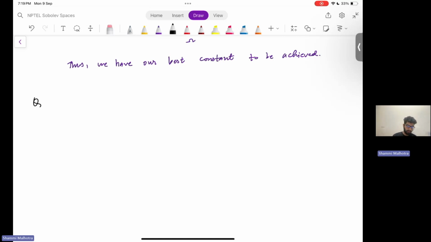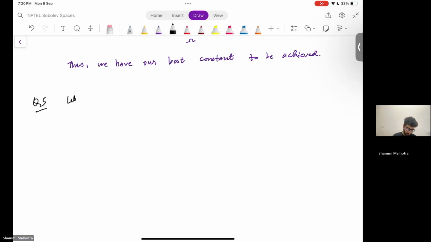So to deal with that, we have this newer version of the inequality which deals with the constants. The idea is to consider the LP norm with the difference of the average integral. So let me write this precisely.